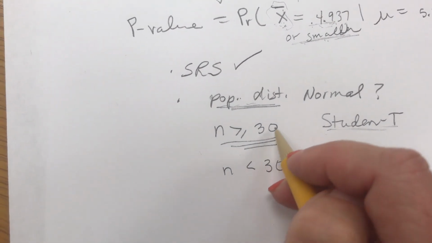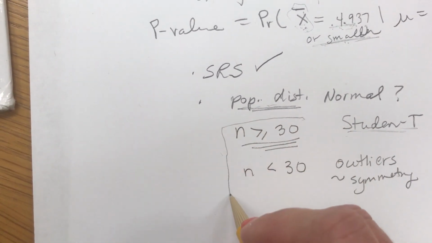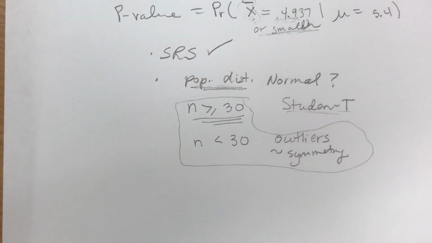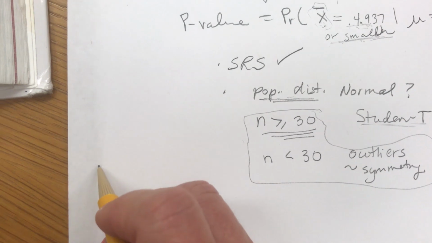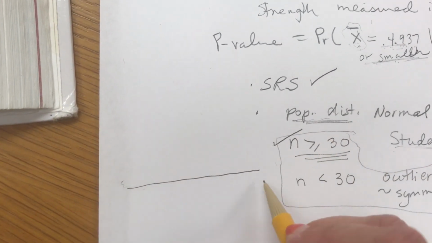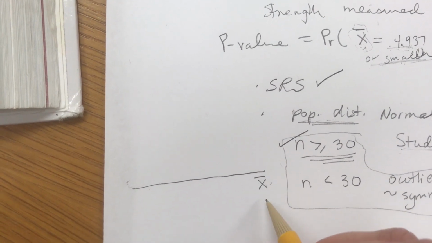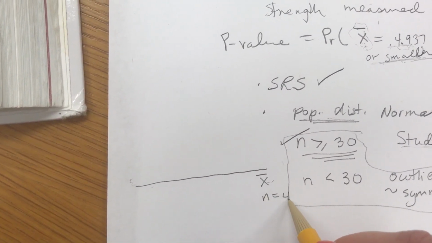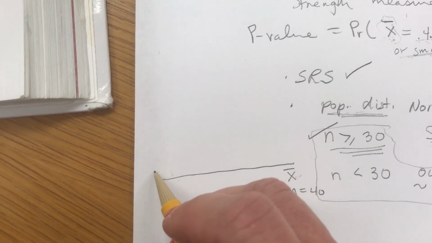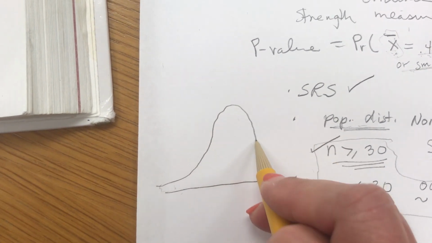And in either case, at least 30 or less than 30 with no wonky values, we would be able to use the student T distribution. So that's giving us, since we have at least 30, that if I put all possible sample means from samples of size 40, took their histogram, it would be approximately a student T.